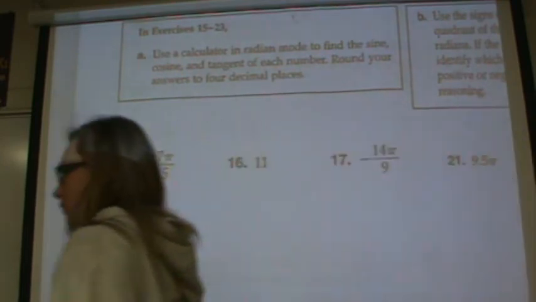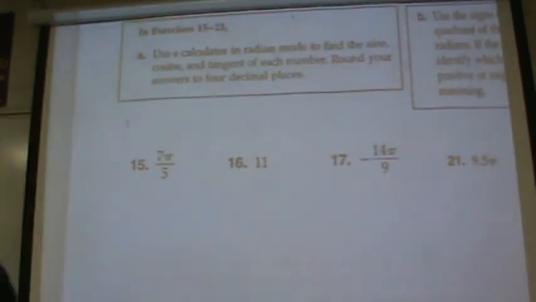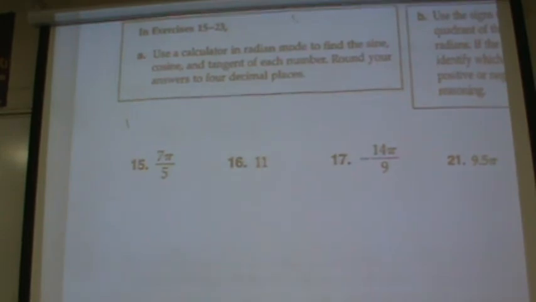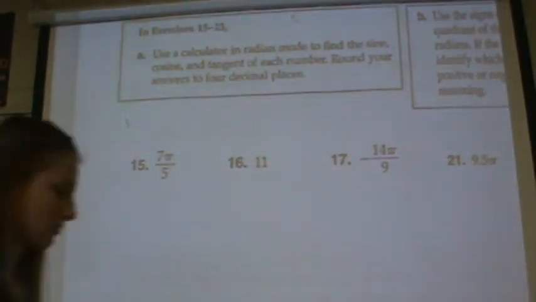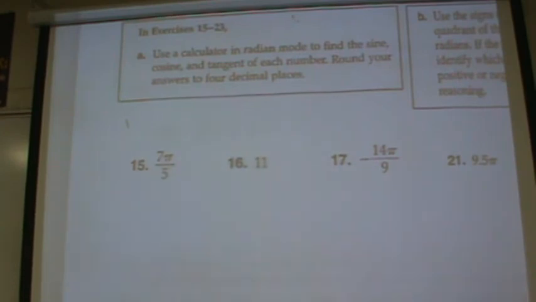So on these next 6 problems, these are called calculator problems. Why? Because these angles are not 90s, 180, 270. They're not 45ers, they're not 60s, they're not 30s. 7 pi over 2 is not an angle that we will commit to memory.